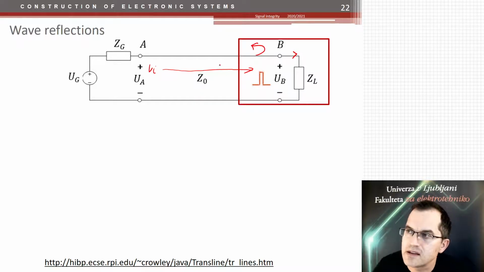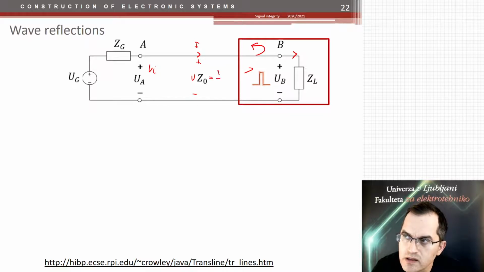The thing is that impedances play a major role here. The voltage and the current, let's say this is the current and this is the voltage at a certain point of the line. The ratio between the voltage and current is the impedance. Now I come to this point where my transmission line ends, and what happens on the other side is that the ratio between the voltage and current is now the load impedance.